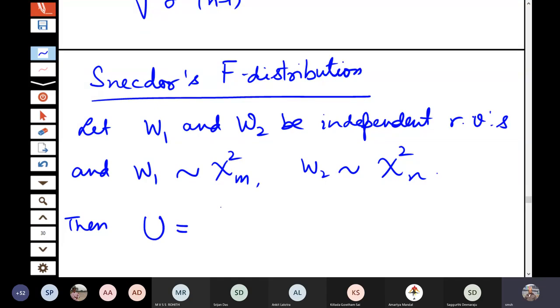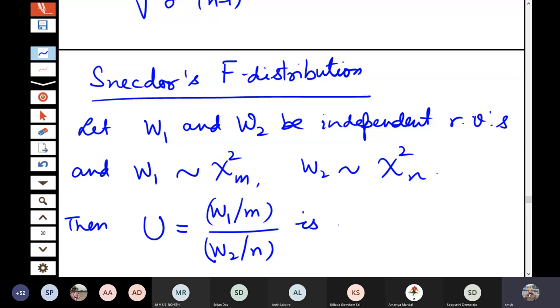Let U be defined as W1 divided by m divided by W2 divided by n. So I am considering the ratio of two chi square variables divided by their degrees of freedom.